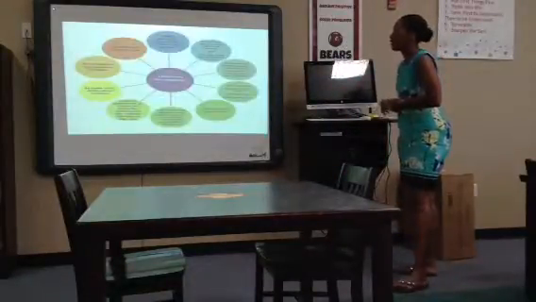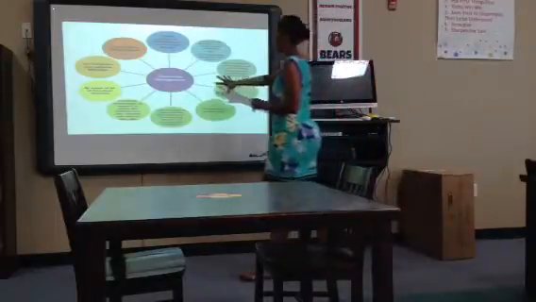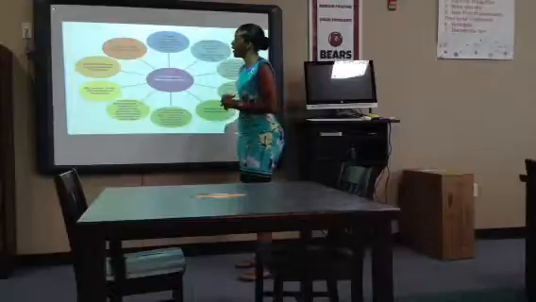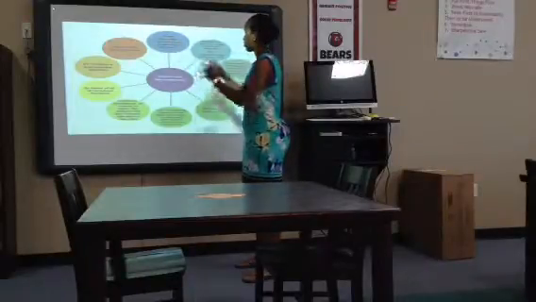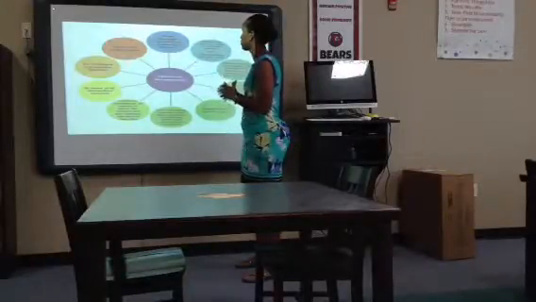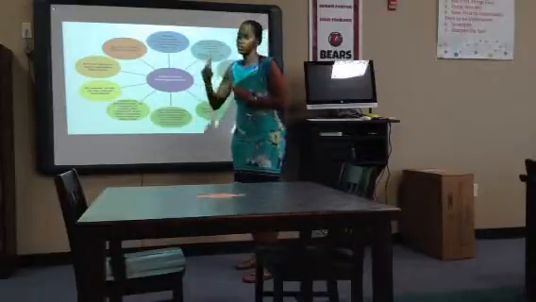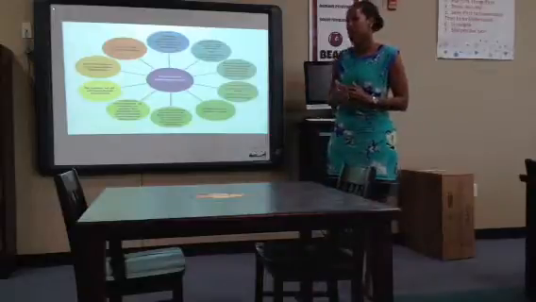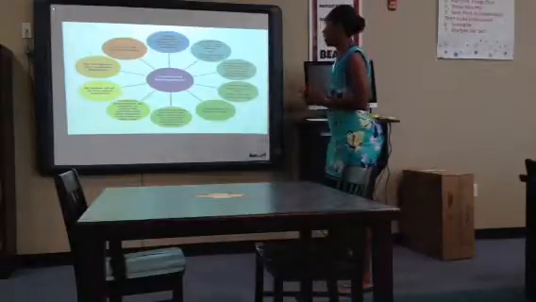Here we have key attributes for classroom management. A few things that we're going to talk about: classroom rules, procedures, or expectations are something that needs to be discussed on day one.